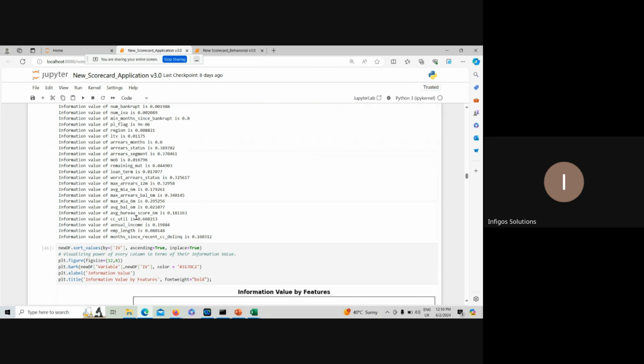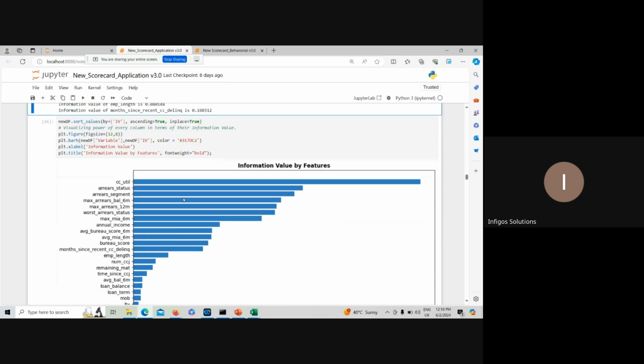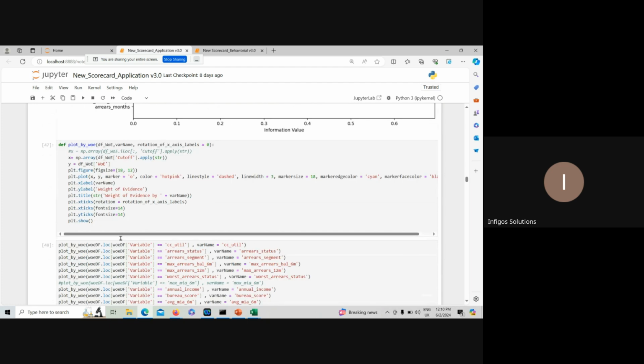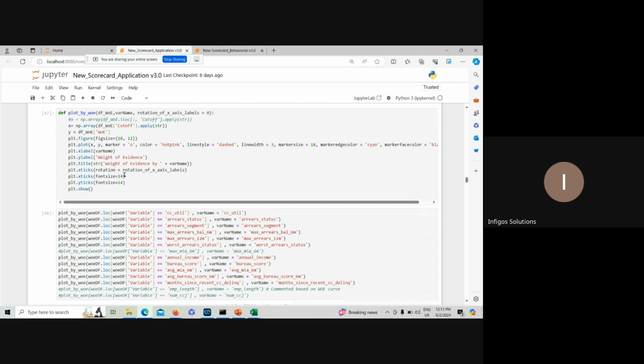After doing WOE analysis, you figure out CC utility is behaving very well this time, 0.66. So you will keep CC util, and you will get all the variables here in decreasing order of IV, and you do the plot of the WOE.